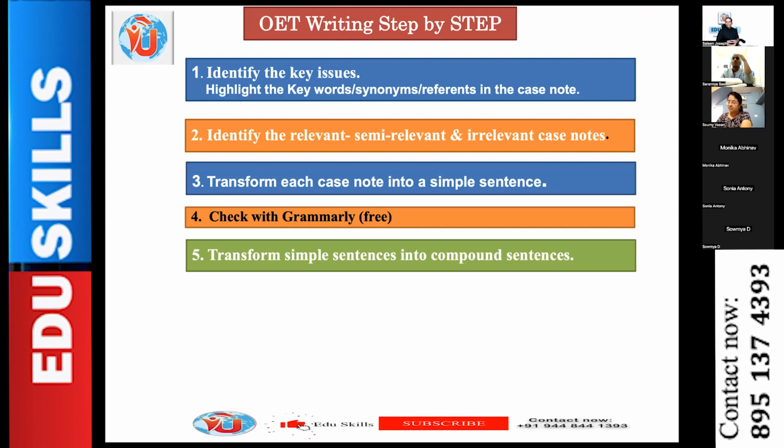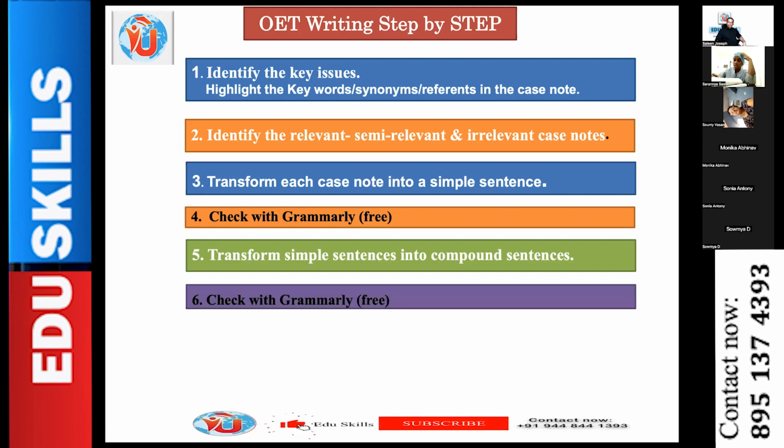So there are two simple sentences now, which you can club and make a compound sentence: his or her diabetes is managed with metformin, with the dose in mg. Whatever you need to, you can transform into connected sentences.